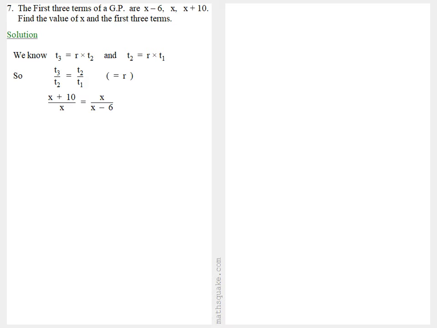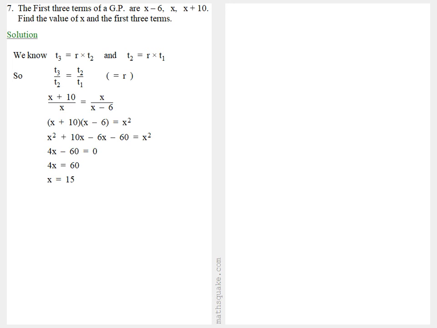Now if we multiply by x minus 6 on both sides and multiply by x on both sides, this simplifies to x plus 10 into x minus 6 equals x squared. In other words, x squared plus 10x minus 6x minus 60 equals x squared. The x squareds cancel on each side, and so it simplifies to 4x minus 60 equals 0, or 4x equals 60.